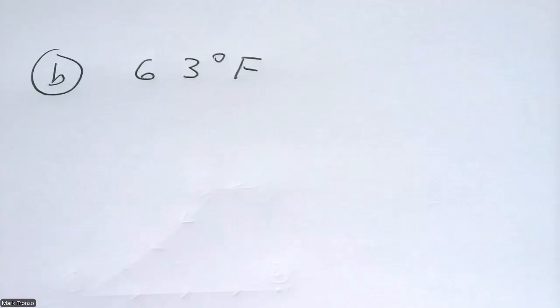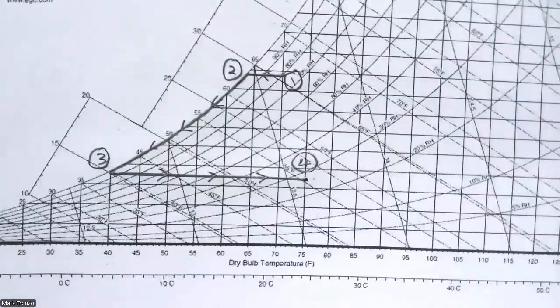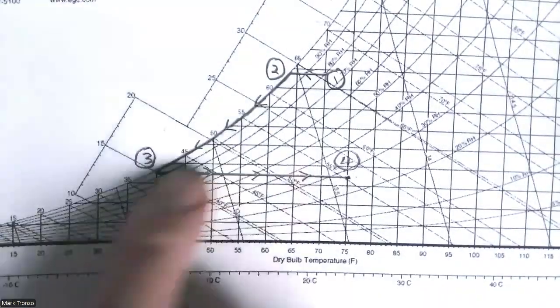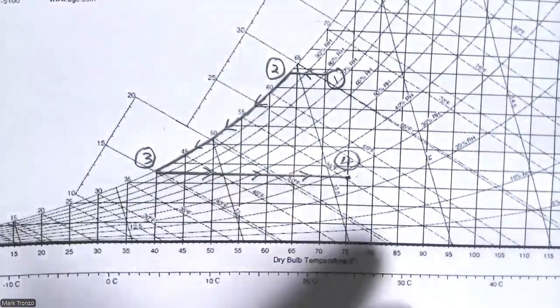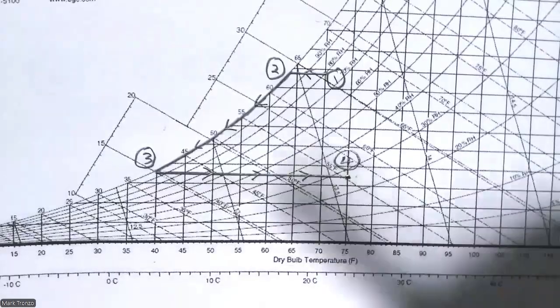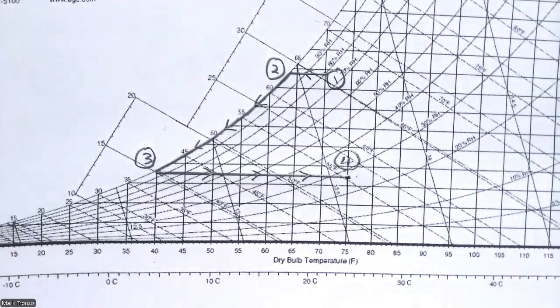And then we want the specific humidity after the cooling process. The cooling process goes all the way down here. Now the specific humidity is all the way to the right, so we're going to have to zoom out a little bit here.